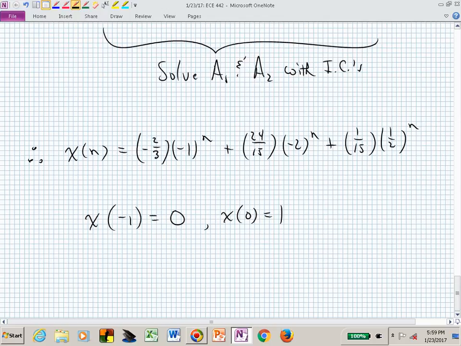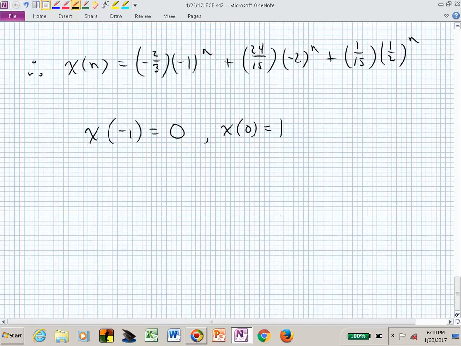The 1/2 is shrinking. And the minus 2 is going, right? It's just going crazy, popping back and forth from minus to plus, minus to plus. But that's the one that dominates the behavior. And you need to be thinking or understanding what might be happening for different values of n, and in particular, the behavior for large n.